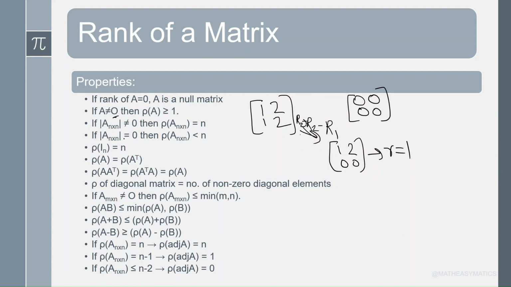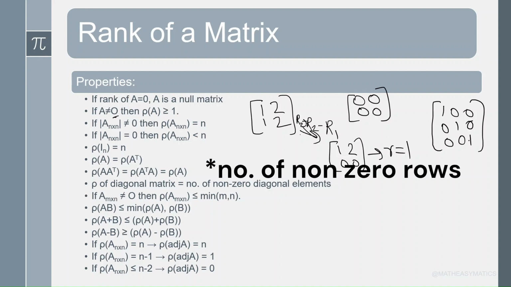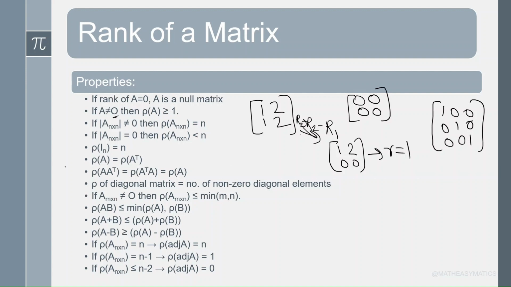Next property is rank of identity matrix is equal to n. Yes, it will always be true. As we can see here, if we take a 3 by 3 identity matrix, it is always in row echelon form, and the number of non-zero rows will give the rank of the matrix. Next is rank of A equals rank of A transpose.